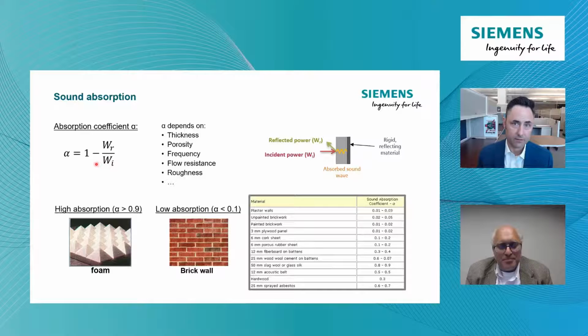In reality, we're going to have some number in between those two extremes. Nothing is perfectly reflective and nothing is going to be perfectly absorptive. If you look at materials that have high absorption, typically we're talking about 80 or 90% absorption, 0.8, 0.9 alphas. Low absorption will be 0.1 or 0.2.